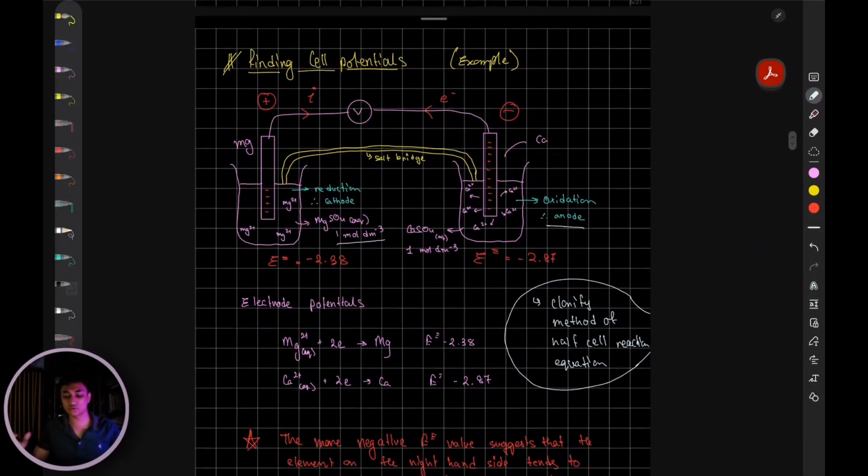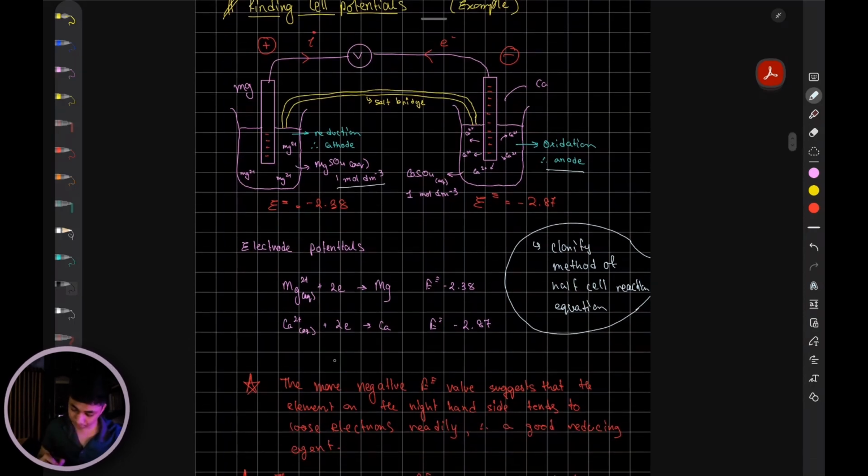Now, you might argue that if, let's say, at the anode, oxidation is taking place, shouldn't I write Ca turning into calcium ion plus 2 electrons? Yes, that makes sense. You're supposed to. However, since our electrode potentials are given in terms of reduction taking place, we will be writing our equations only with respect to reduction.